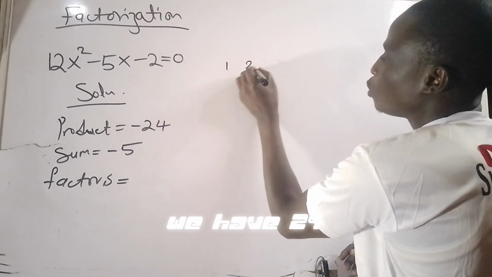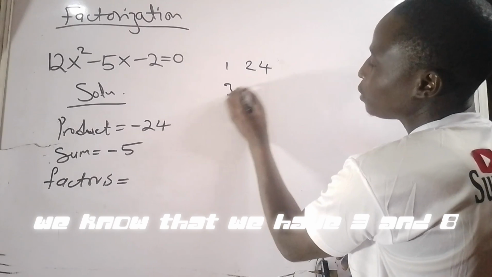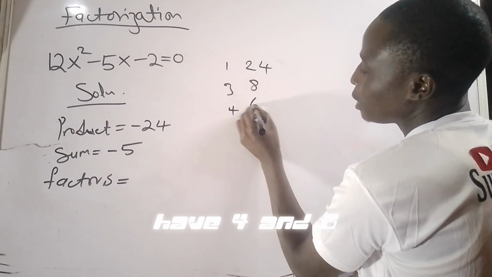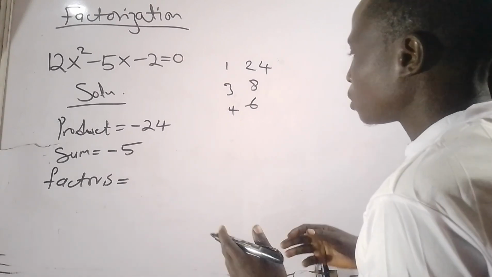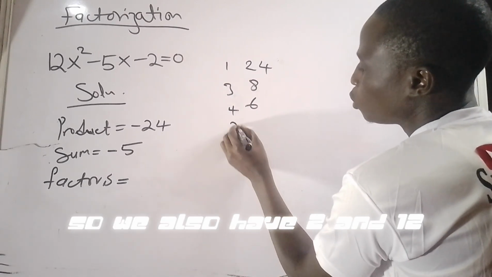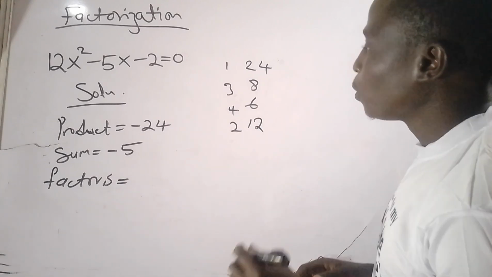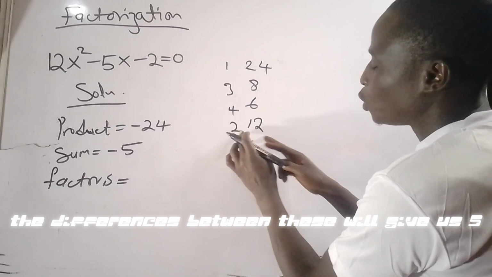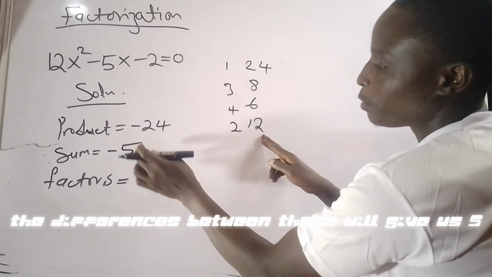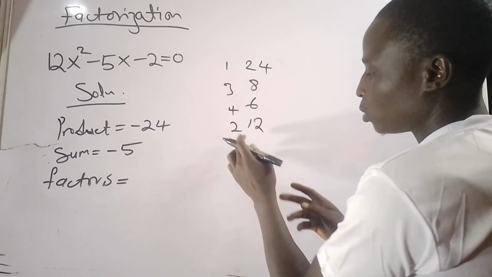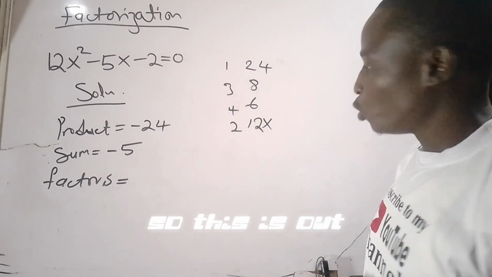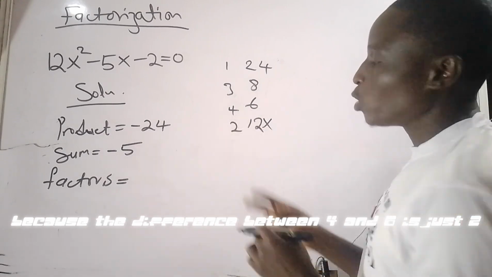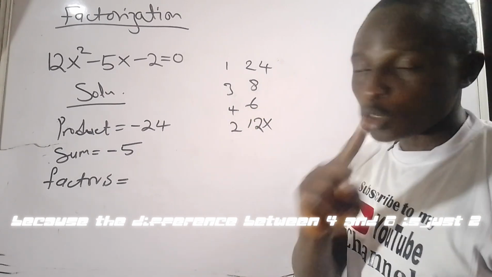We have 1 and 24, we have 3 and 8, we have 4 and 6, and we also have 2 and 12. There is no way the differences between these will give us 5, because the difference between 4 and 6 is just 2.